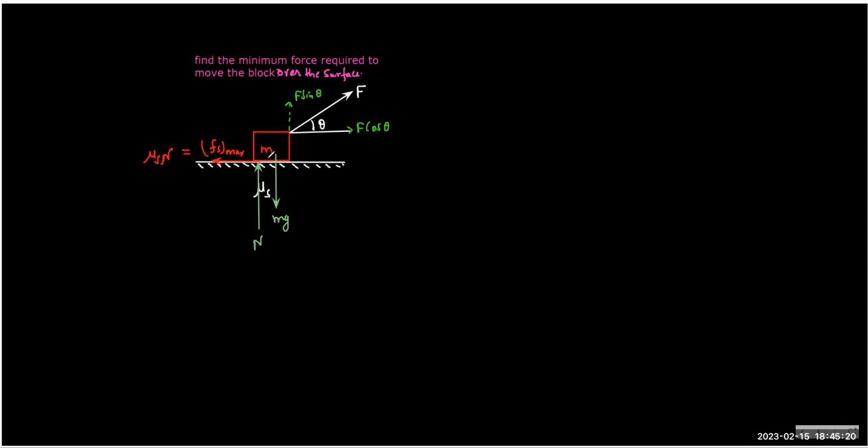Okay, anybody know what is the normal force here? mg minus f sin theta. Yes, sir. Very good. So the normal is actually mg minus f sin theta. It is no longer mg, right?